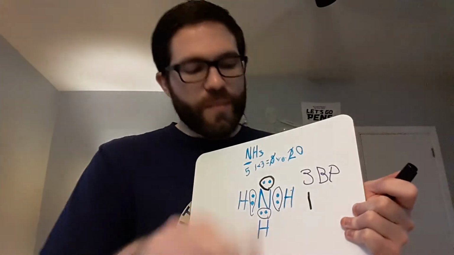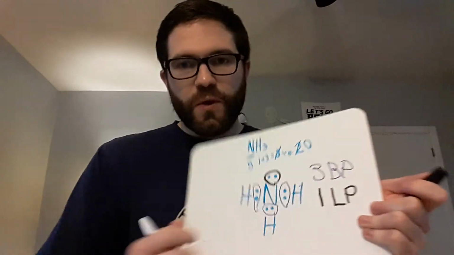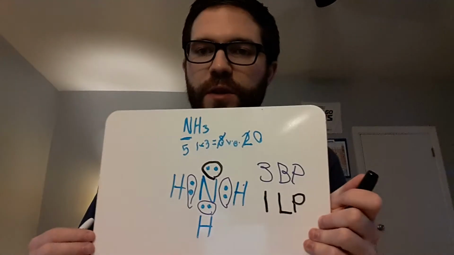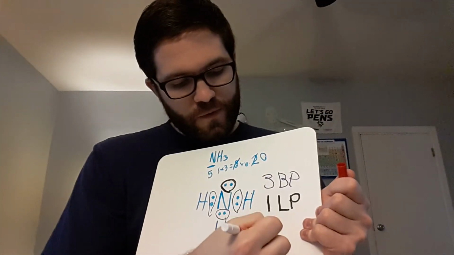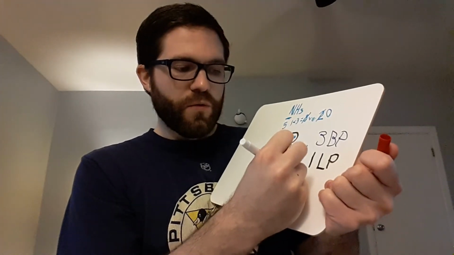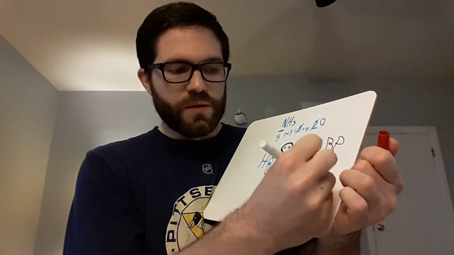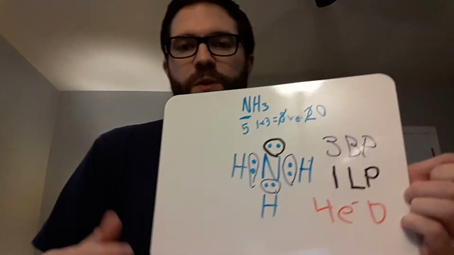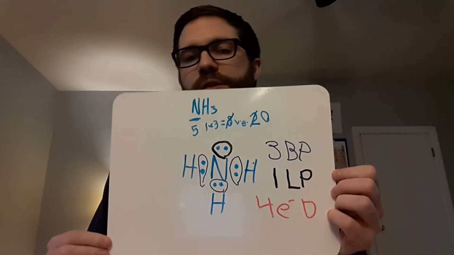All right, we have 3 bonded pairs and we have 1 lone pair. Okay, if you add those together, you get the total number of electron domains, and we'll write that in red. So we have 4 electron domains. Remember that E with the minus symbol means electron. Okay, so we have 3 bonded pairs, 1 lone pair, and 4 electron domains.